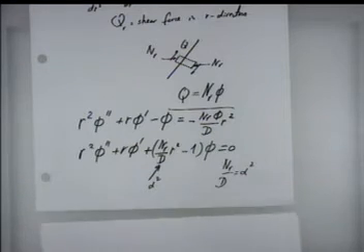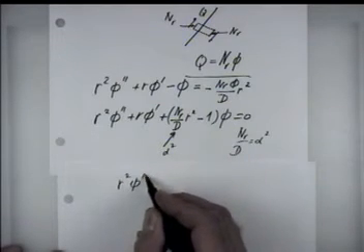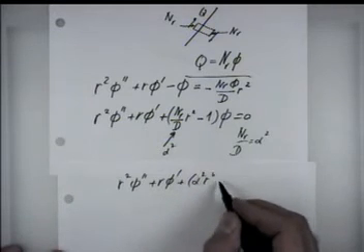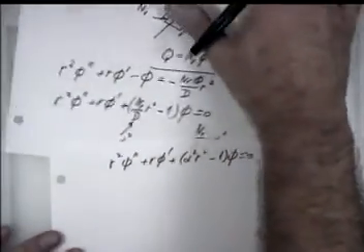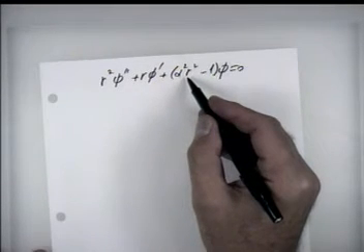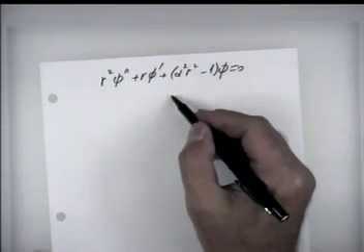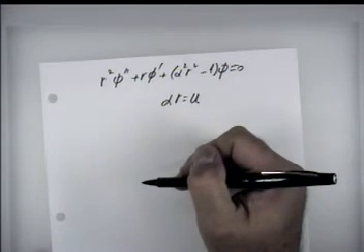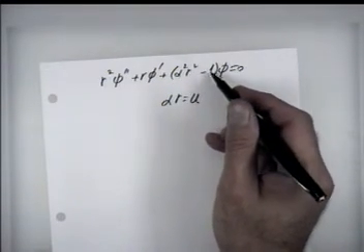So I will rewrite: r squared phi second derivative plus r phi first derivative plus alpha squared r squared minus 1 phi equals 0. Now, because I have alpha squared r squared, I would like to get rid of this and have just one quantity, so I can introduce alpha r equals u. Because alpha r is a non-dimensional quantity anyways.